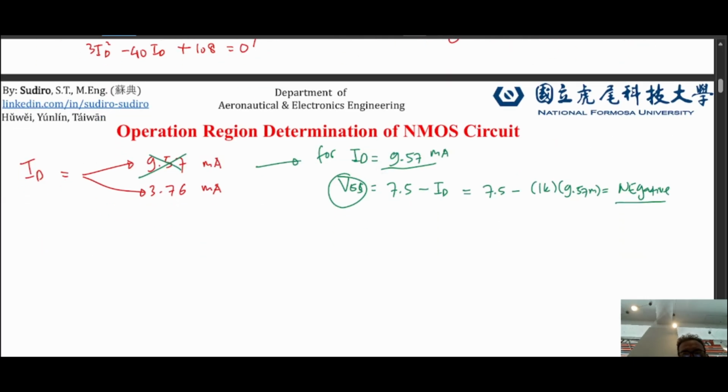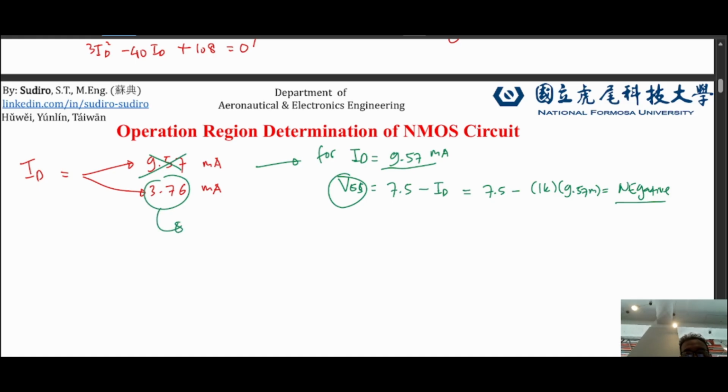But it doesn't directly imply that 3.76 milliampere is the correct answer. It's not directly implied, so we will need to evaluate this value also.